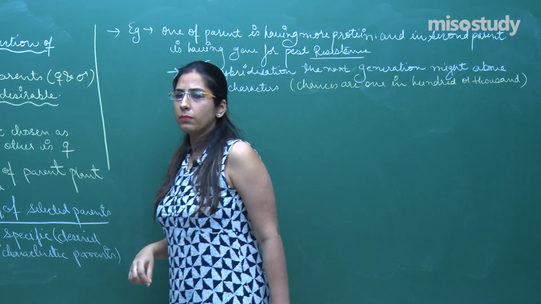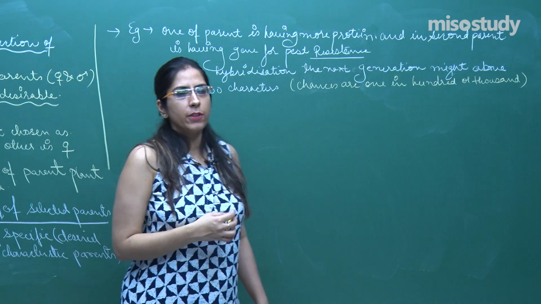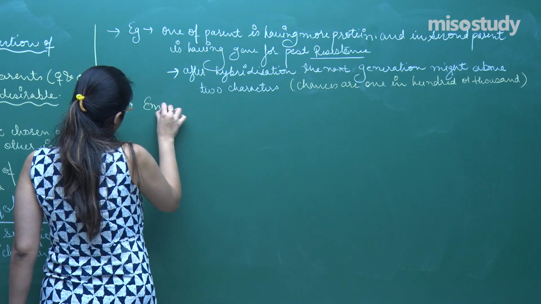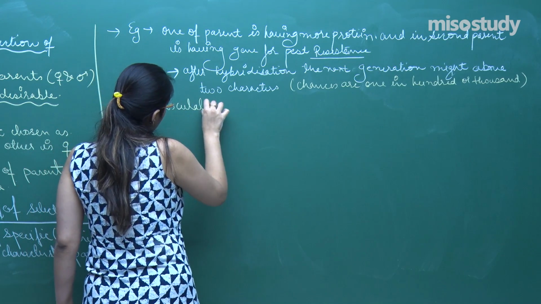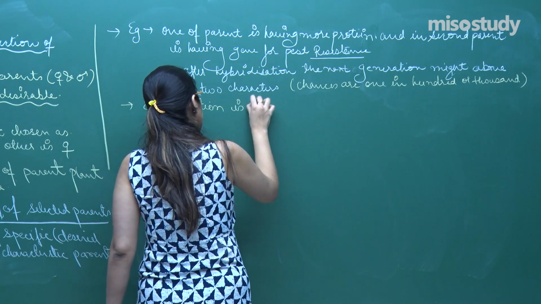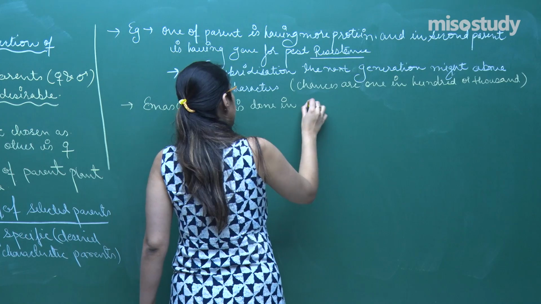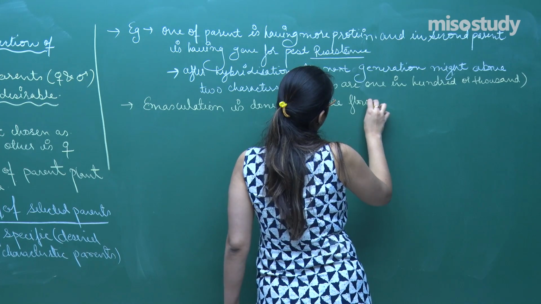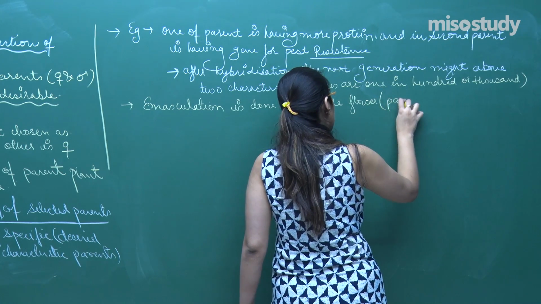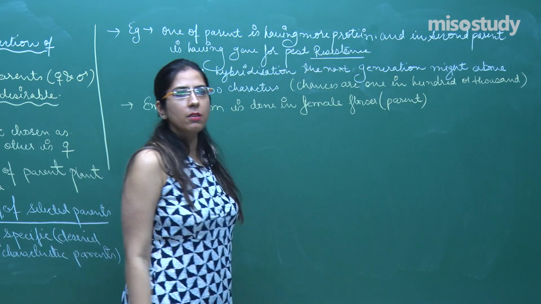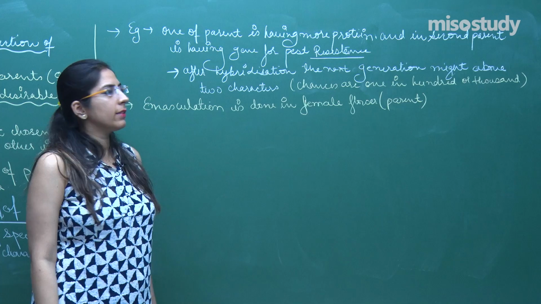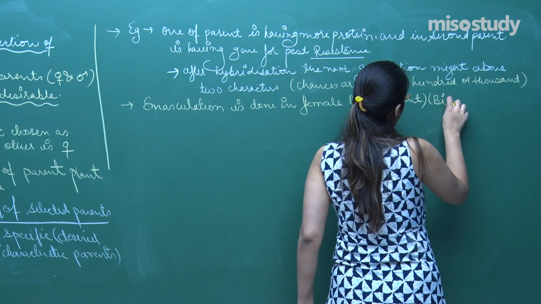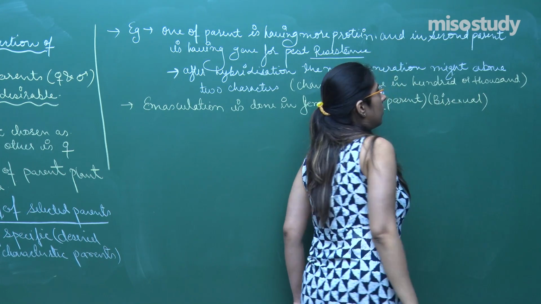Now, in this experiment, first of all the emasculation is done. The next step in this case is the emasculation, which is done in the female flower or the female parent. Emasculation means removal of anther, and in this case the female parent is bisexual.